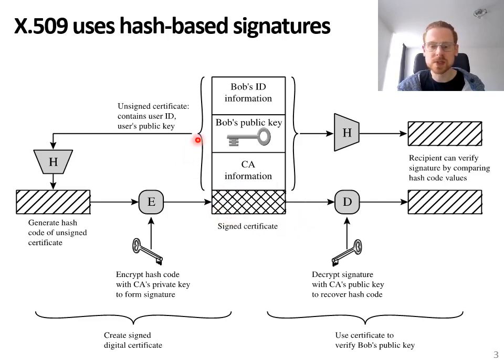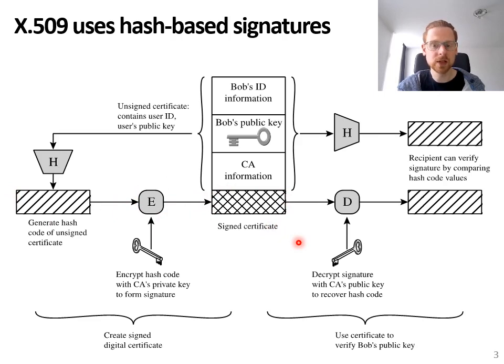This is done much in the same way as I have explained in previous videos. So the information is given as input to a secure hashing algorithm, which creates a fixed length hash value, which is then encrypted with the private key of the certification authority, and this is used as a signature.